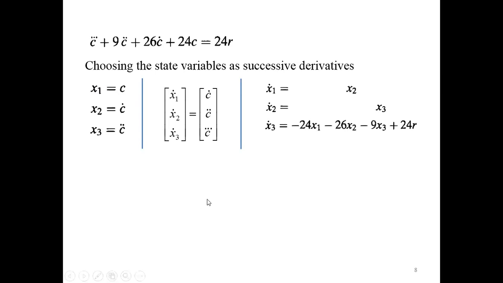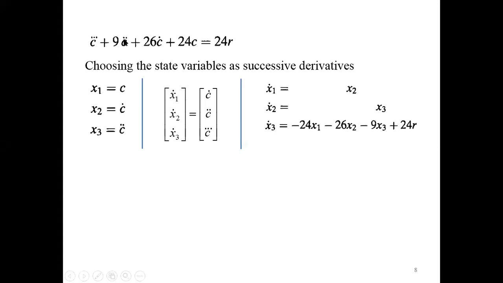So x1 derivative is equal to x2, x2 derivative is equal to x3, and the x3 derivative will be obtained from this equation by moving these three terms to the right side like this.